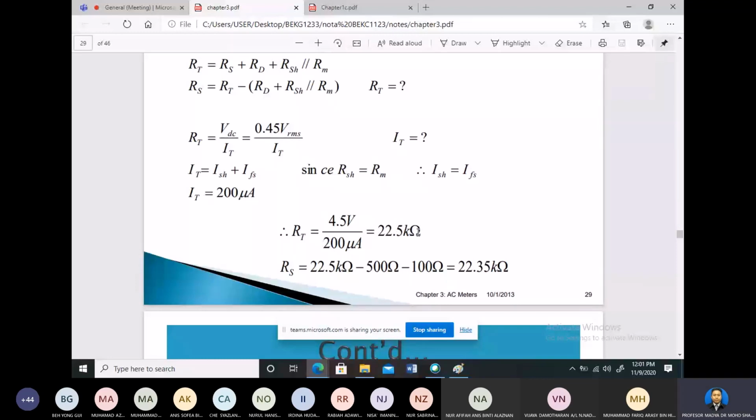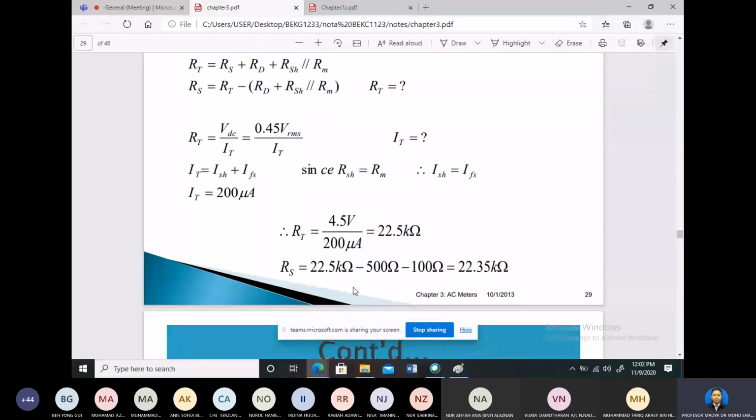And then for the RS, RS equals 22.5 kilo ohms minus RD. This is not 500, it's 50. This is 50 ohm, and then minus 100, which is the parallel of R shunt and RM.